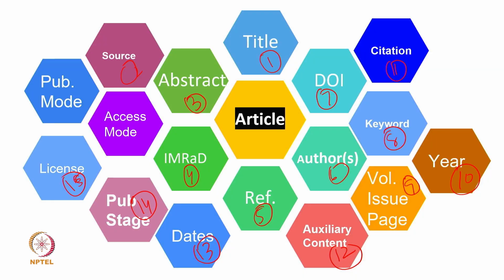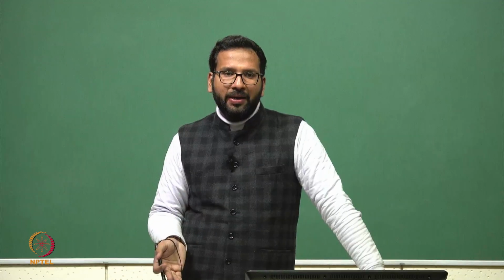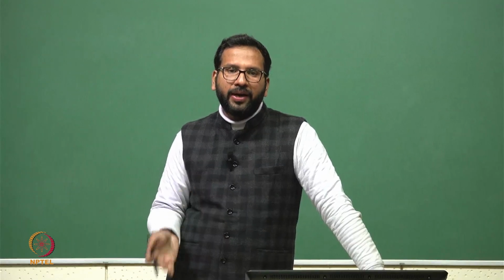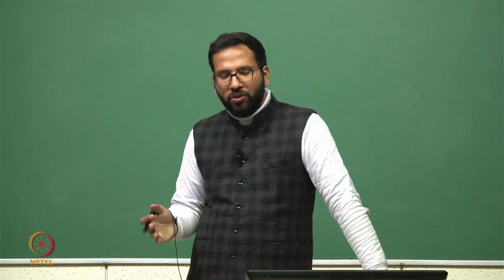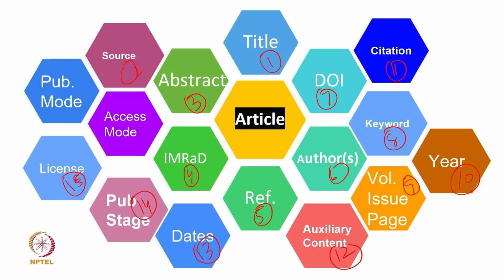Like, open access articles generally follow the Creative Commons license. Then another attribute is the publication mode. The publication mode describes whether the article is published in an online mode or the print mode, so this depends on the source where that article is published.